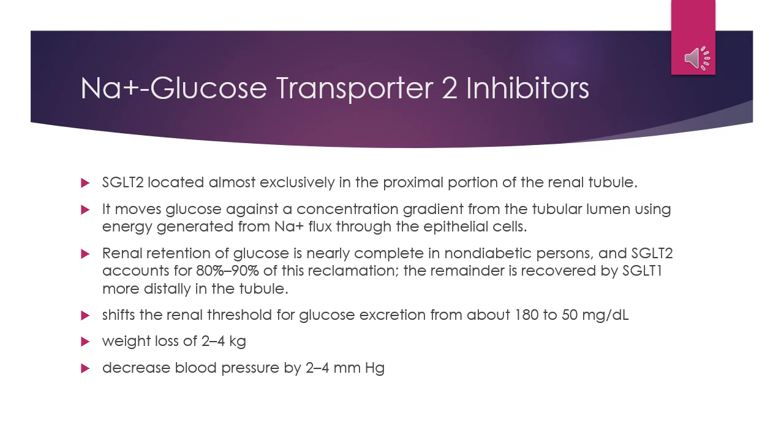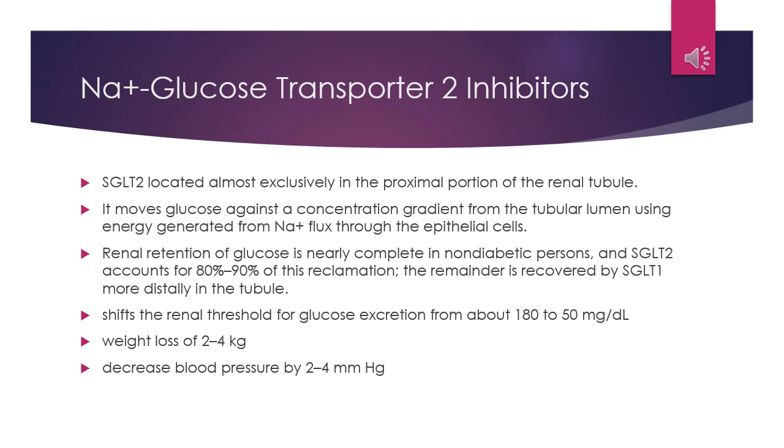Next group of drugs is sodium glucose transporter 2 inhibitors, or SGLT2 inhibitors. SGLT2 is situated in the proximal portion of the renal tubule. We all know that glucose is freely filtered through Bowman's capsule and 80 to 90% of this filtered glucose is reabsorbed in the proximal portion of the renal tubule by SGLT2. So SGLT2 inhibitors act by a novel mechanism.